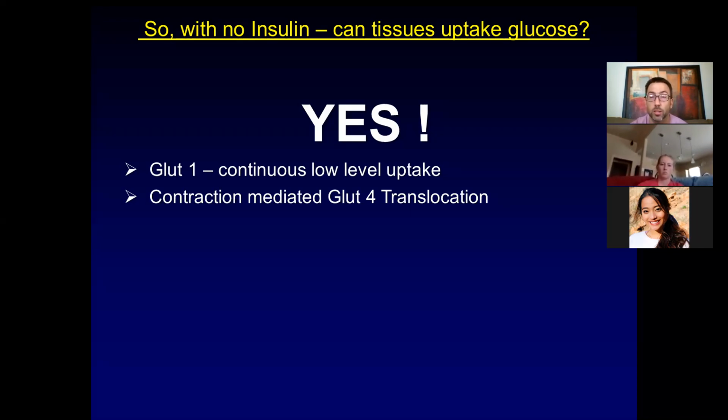So there is something about contracting skeletal muscle that activates the exact same signaling pathway that insulin does. And it will tell those GLUT4 vesicles to move to the membrane and stick GLUT4 into the membrane, and therefore you can take up glucose.